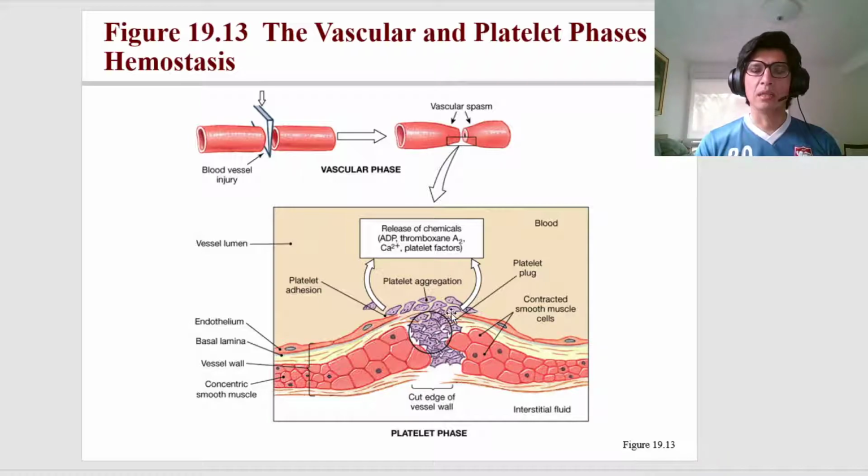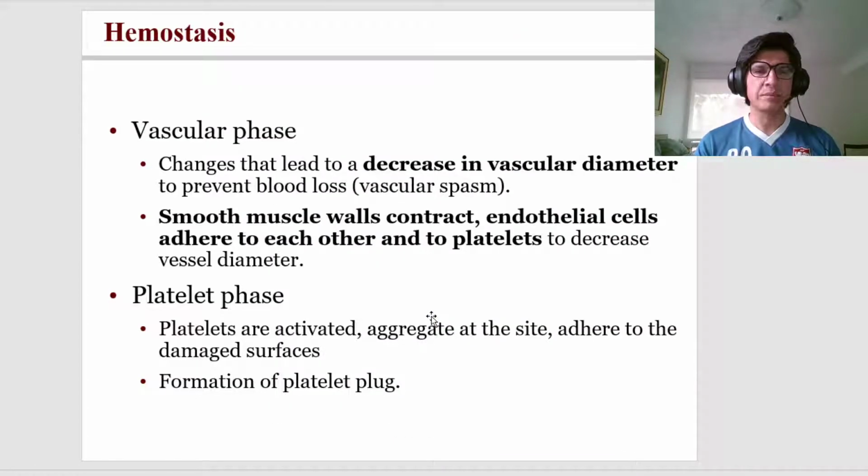As soon as they see collagen, they attach to it and initiate this process of aggregation and release chemicals that induce a positive feedback to aggregate more platelets and subsequently initiate these clotting cascades that we're going to see in a moment. They form this platelet plug here. So this was the vascular phase that we mentioned, and this is the platelet phase.